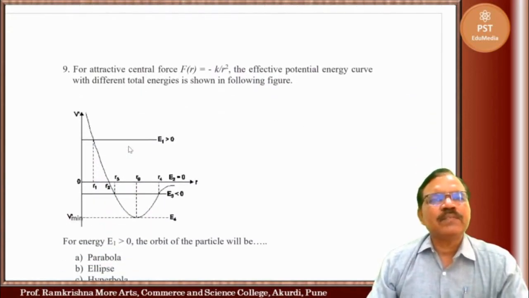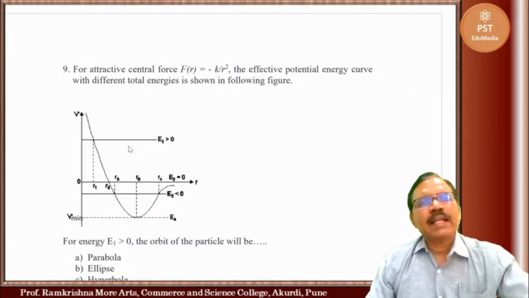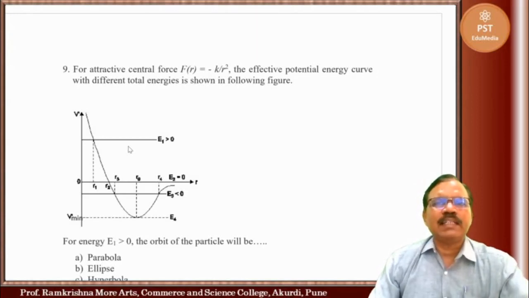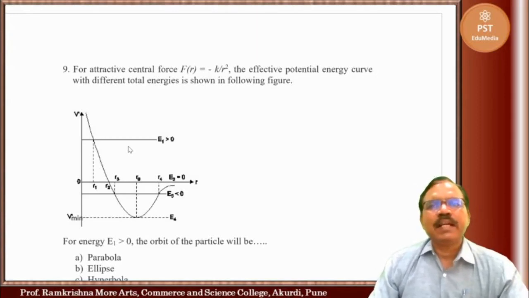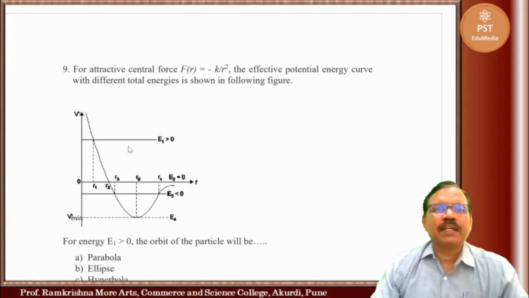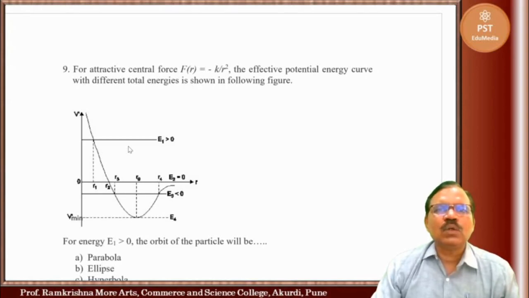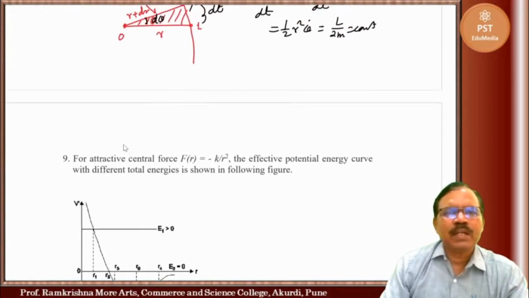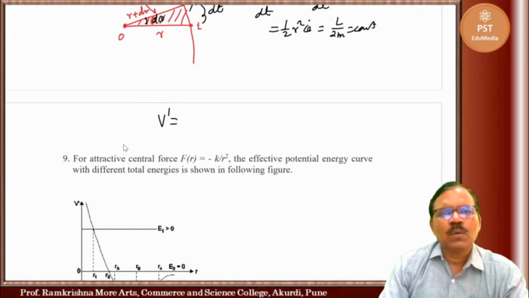Now the next one: for attractive central force F of r equal to minus k r square, the effective potential energy with different total energies is shown in the figure below. We know the effective potential is V dash equal to V plus L square upon 2mr square.